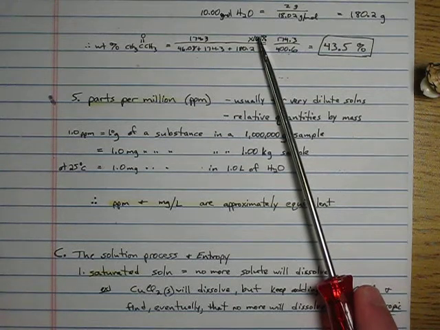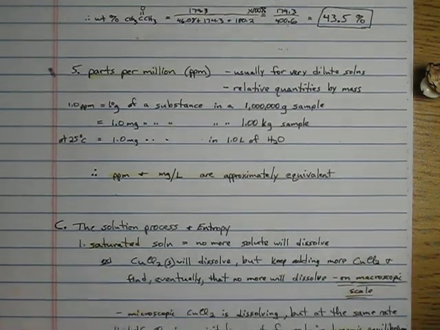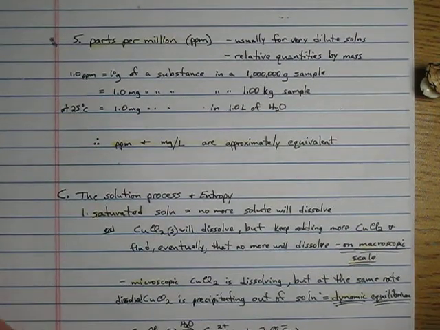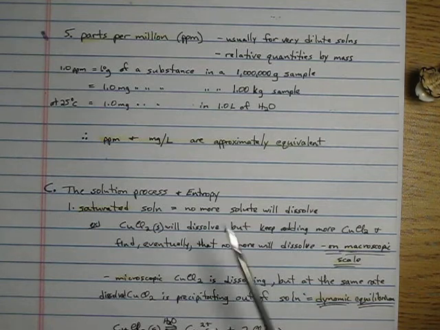For parts per million, we do the same thing, except we're going to multiply by 1,000,000 instead of 100. But just some things to know, get the idea in your head about parts per million to make it a little bit more meaningful for you, hopefully.